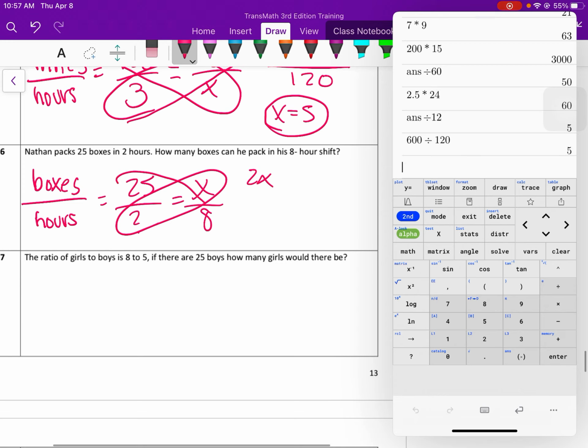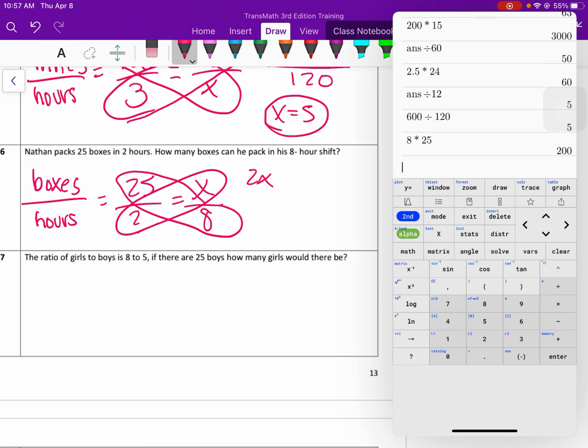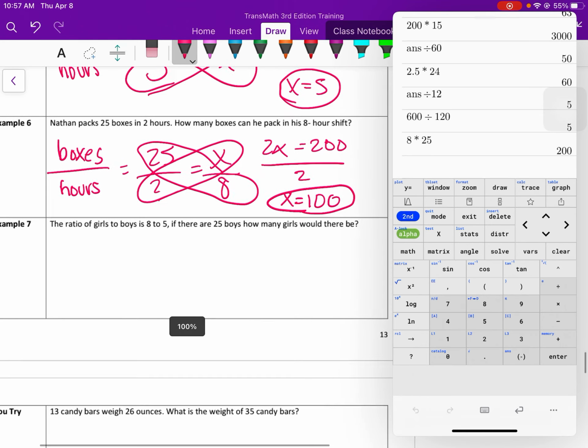Cross multiply 2x, 8 and 25. 8 times 25 is 200. Equals 200. Divide 200 by 2, x equals 100. Which means he can pack 100 boxes in 8 hours.